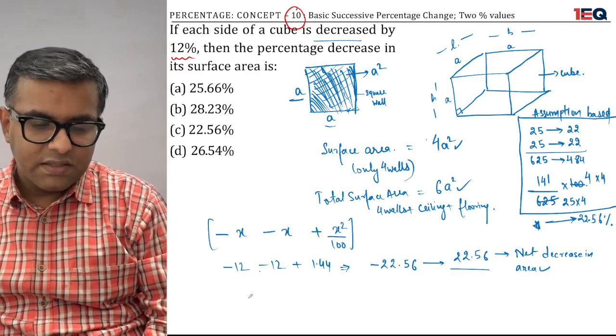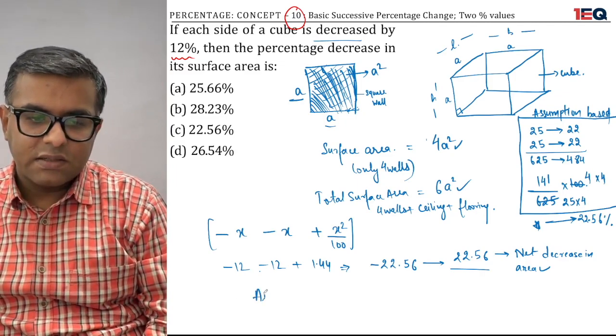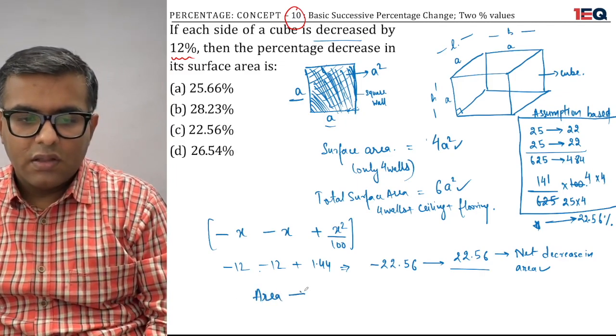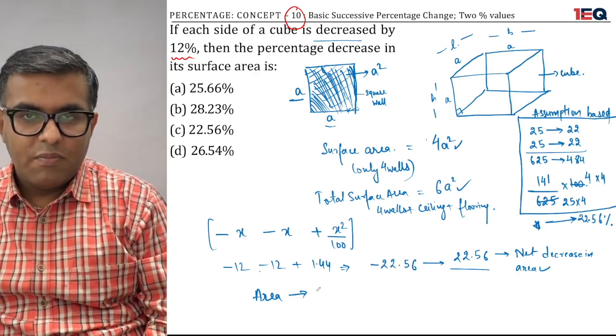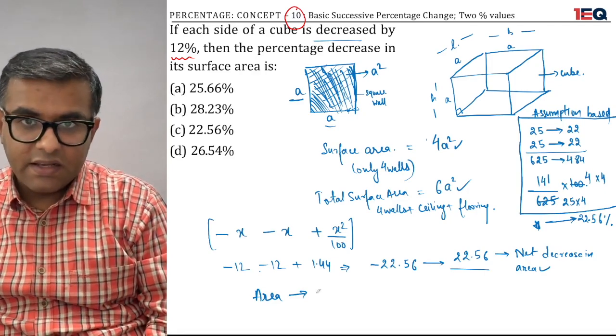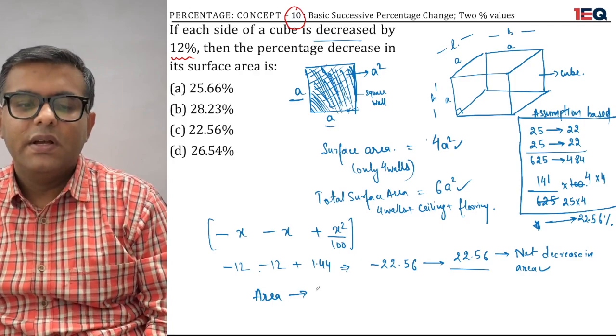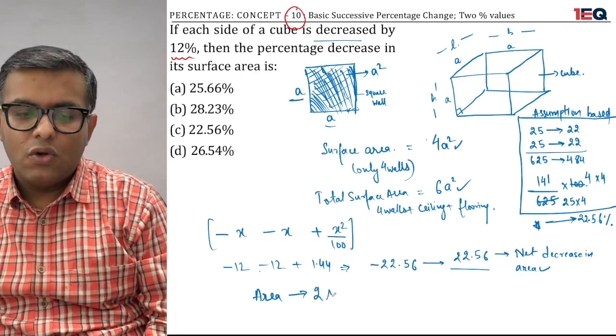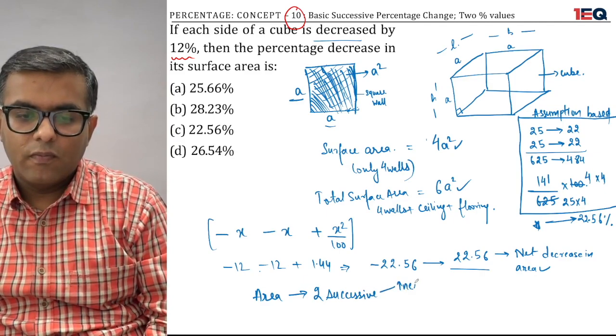In questions where area is asked, there is the best possibility, or maybe the reality as well, no, it is definitely the reality: in area questions, there are two successive increments or decrements.